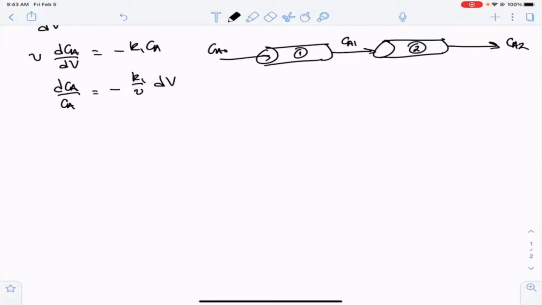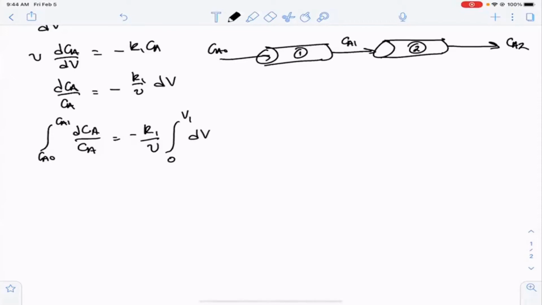So for the first reactor, if we did this integration, it will be the integral from CA0 to CA1 of dCA over CA equals the integral, or I guess these are constants. We could leave that as minus K1 over V times the integral from 0 to V1 dV.